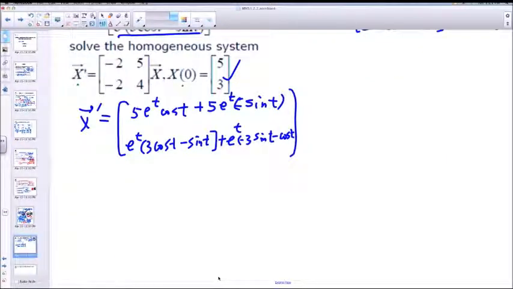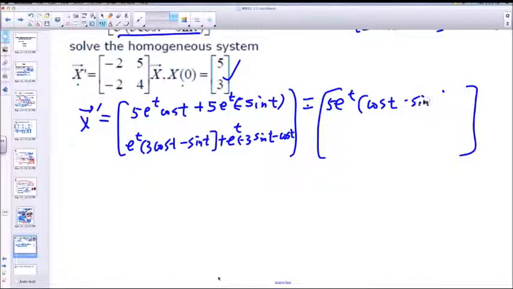When you reduce and take the e^t out, 5 out, that's cosine t minus sine t, the first row. The second will have 3 minus 1 is 2, take the e^t out, 2 cosine t, negative 4 sine t.